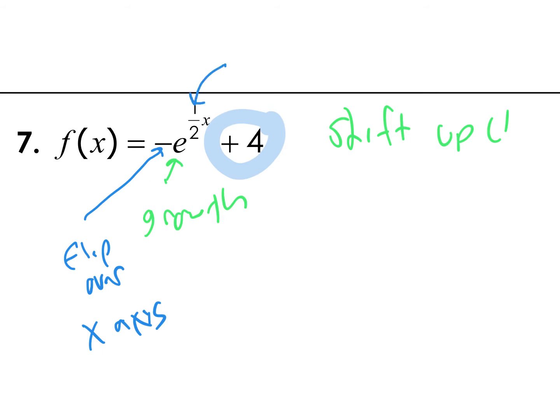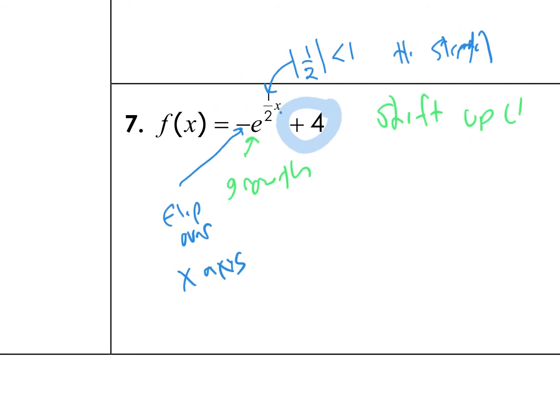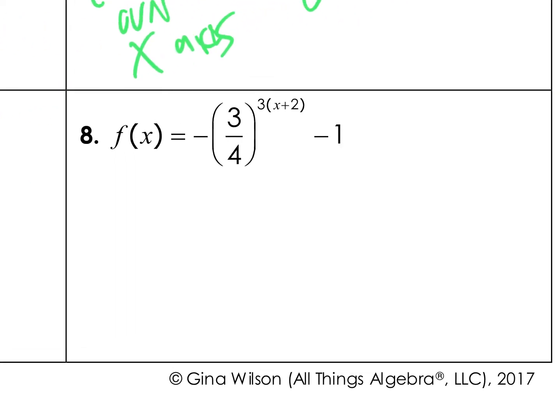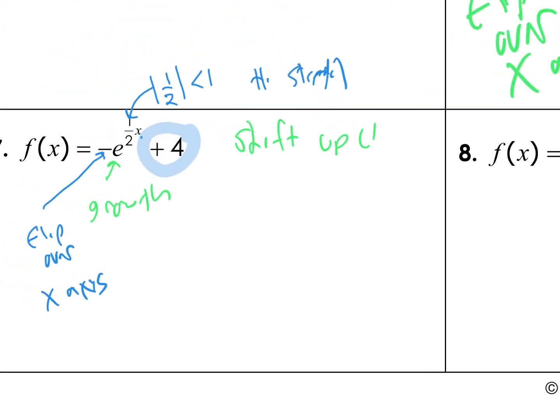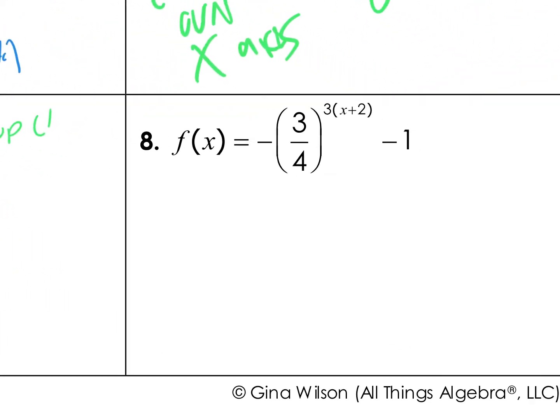That number multiplied in front of the x, since the absolute value of 1/2 is less than 1, it's a horizontal stretch. Yikes. I didn't say if it was a growth or not. Yeah, I did. Number 8.